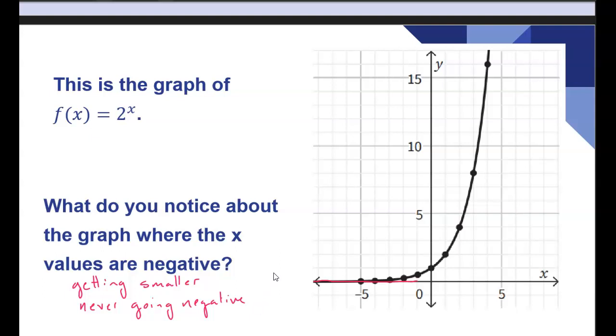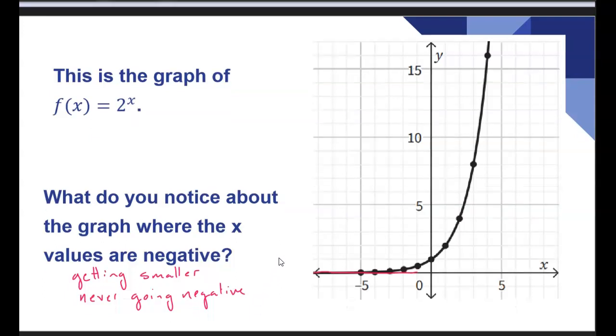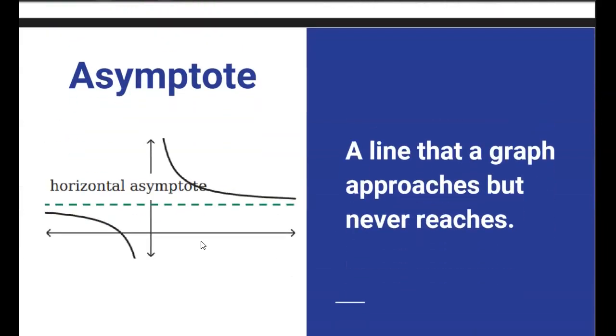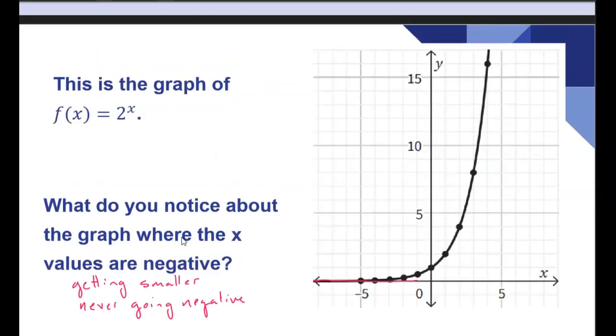So this has a term, a vocabulary term in math. We call this an asymptote. And an asymptote is when a function approaches a line but never quite reaches it. So the line it would be approaching here is the x-axis. The x-axis is a line. We could also call that y equals 0, right?